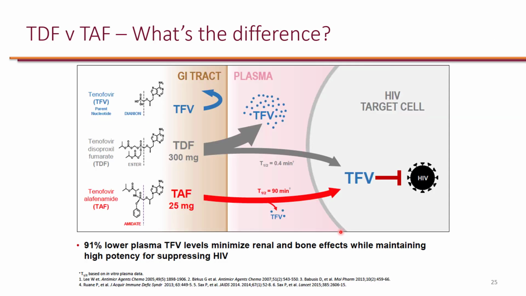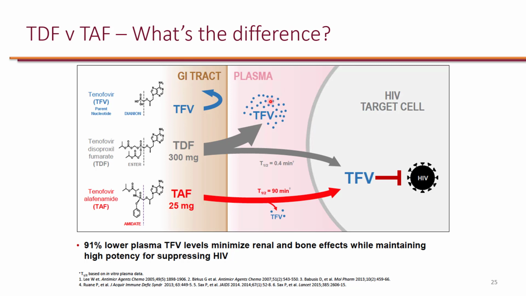Now, let's take a look at the difference between TDF and TAF. Tenofovir itself is the actual drug, an analog of a nucleotide, and that's what needs to go inside the target cell to block HIV replication. The problem is when you orally take tenofovir, it's not absorbed. This part is the GI tract, and when you take a pill of tenofovir, you would like it to be absorbed and go into the blood.